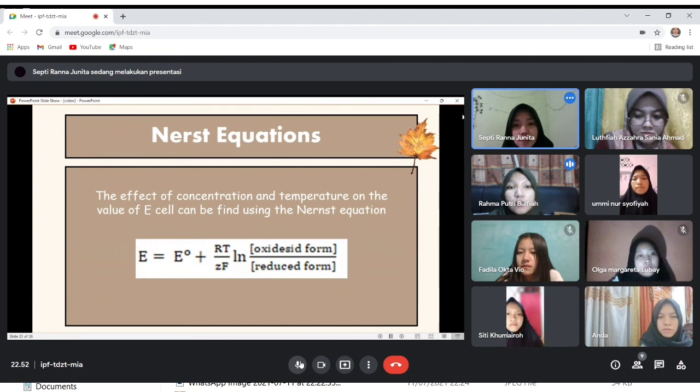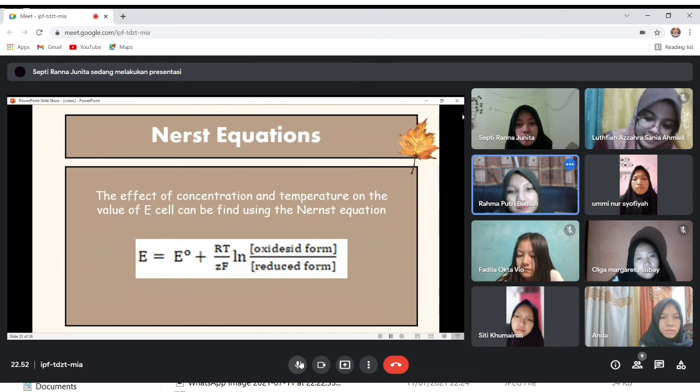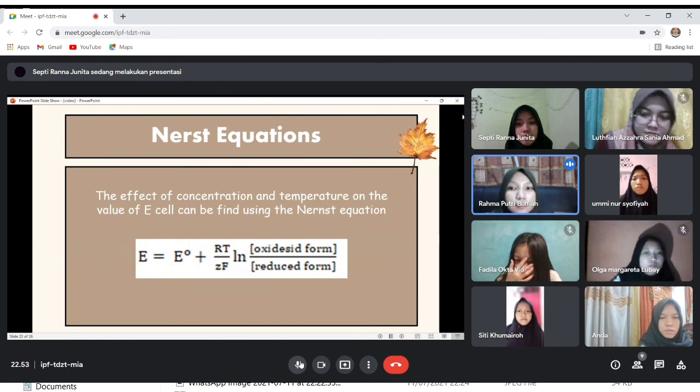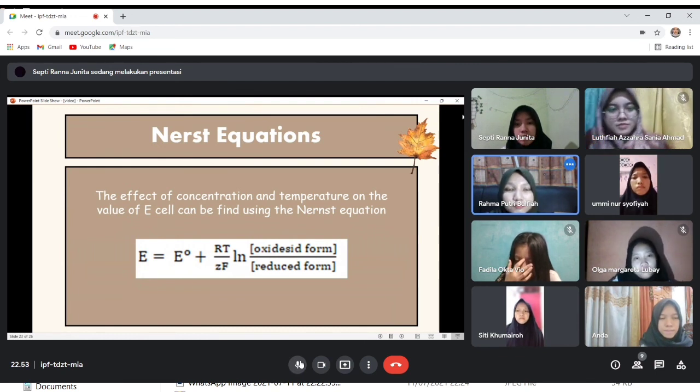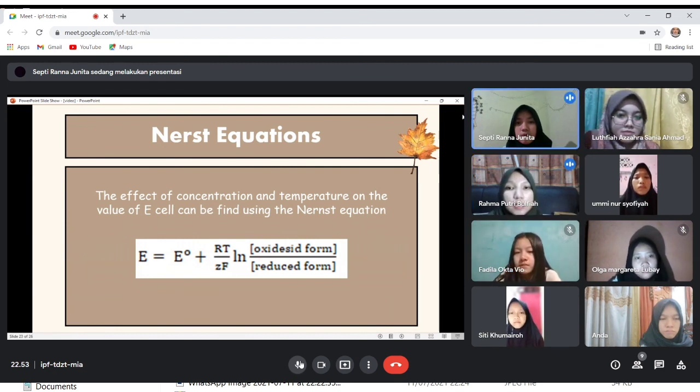The effect of concentration and temperature on the value of the standard cell potential can be found using the Nernst equation, which is on the screen, where E is the potential under non-standard conditions. E° is the standard electrode potential.